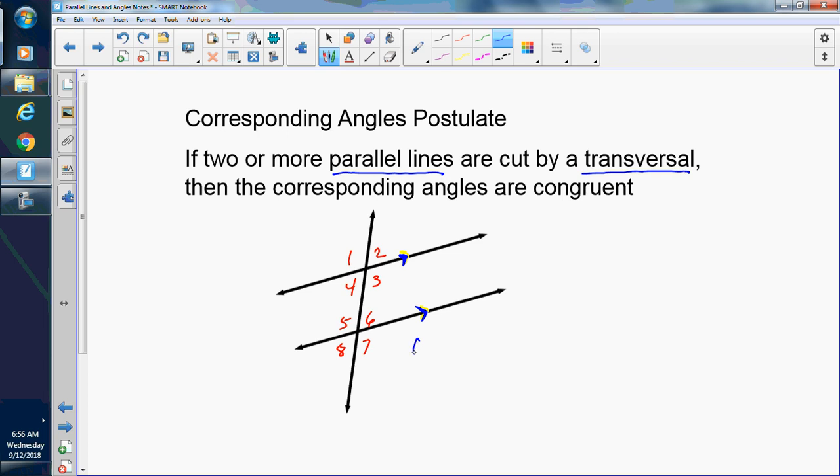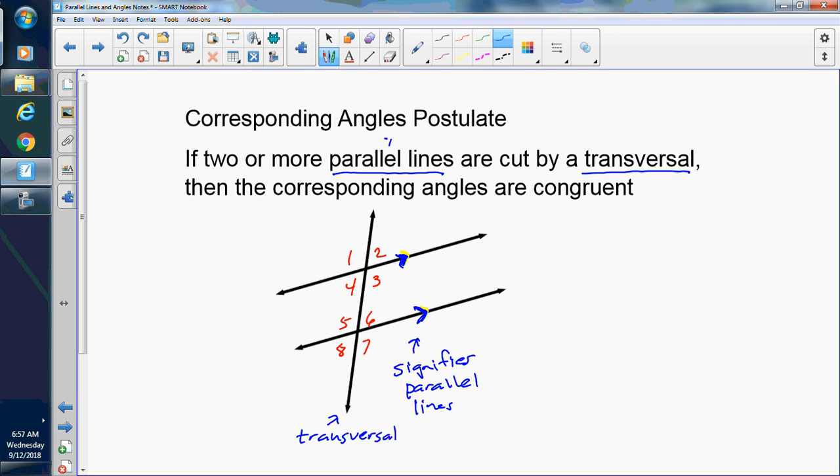Now for us, these two blue arrows on my screen, on yours I believe they're just black, signify that we have parallel lines. So it's a way of showing the two lines are parallel. Then this line here would be the transversal.